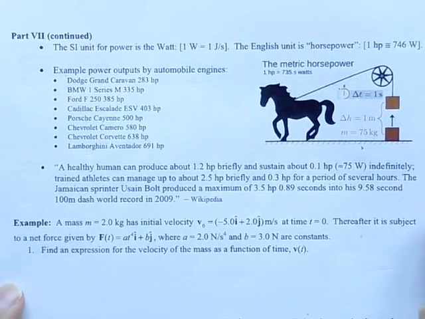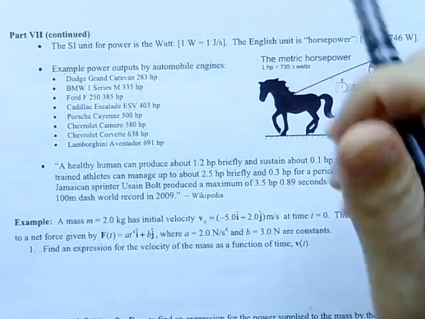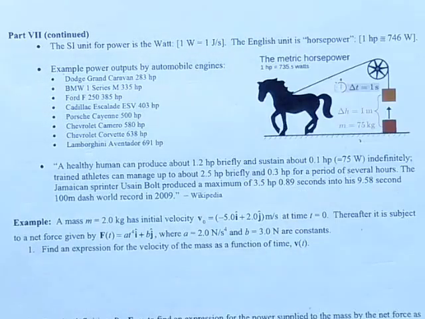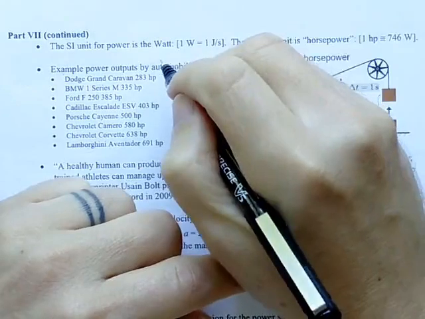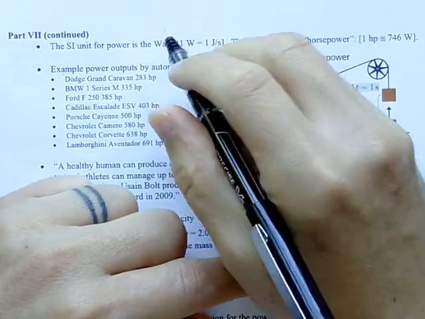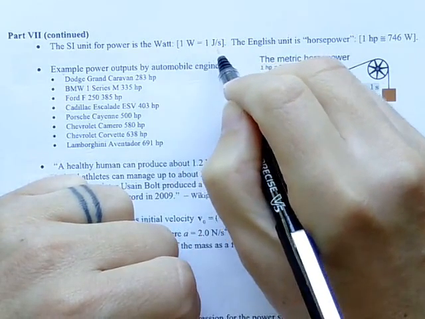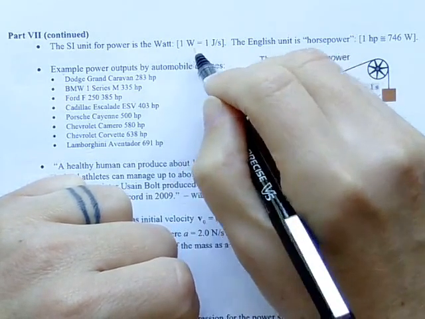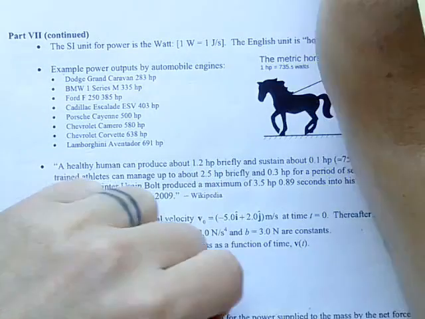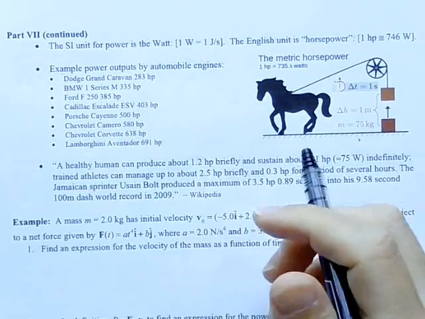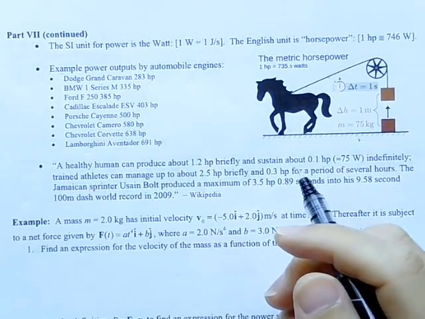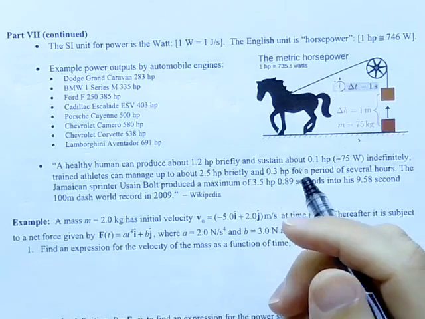Okay, so with those definitions, one more note here about units. The SI unit for power is the watt, named after the Scottish engineer and scientist James Watt. 1 watt is defined as 1 joule per second. So they're equivalent. A watt is a joule per second. And we run into a notational issue.